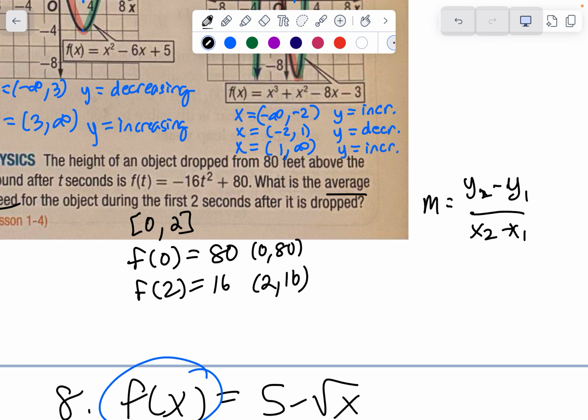And your 2, make that x2, y2. That's the easiest way to approach it. Okay, so that would be 16 minus 80. That's the difference of the y's. And then 2 minus 0 are the difference of the x's. 16 minus 80 is negative 64. Divided by 2 is negative 32.